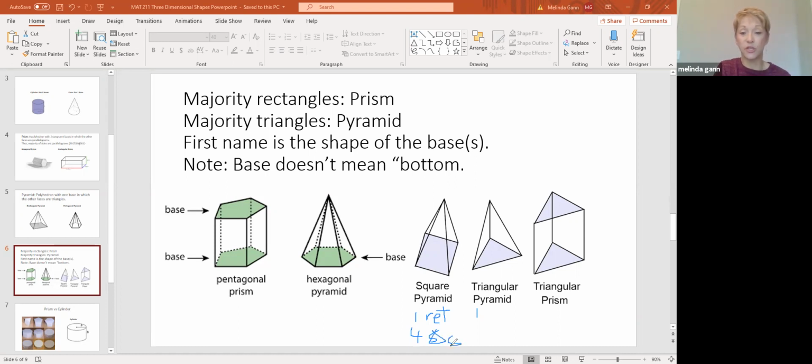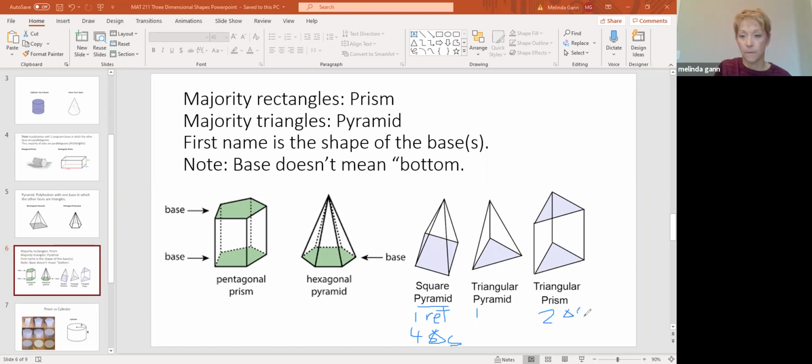So is this thing a majority of rectangles or triangles? Well, see, it's a majority of triangles, so that's why it's a pyramid. So it's either a rectangular or square pyramid because it's got mostly triangles. But now look at this one. This one's got 2 triangles.